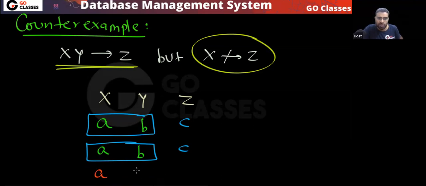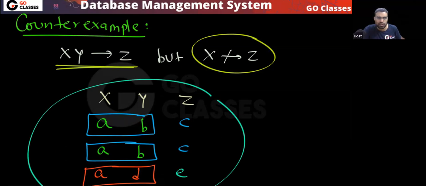They are not the same combination, right? So what should be the value of Z? This can be C, or this can be D, or this can be anything. For example, this can be E. Yes or no?